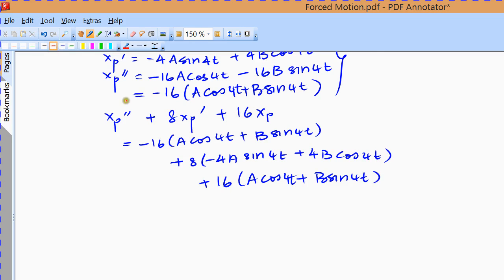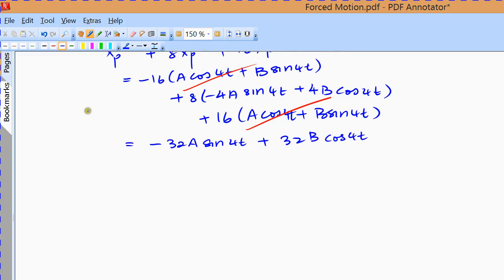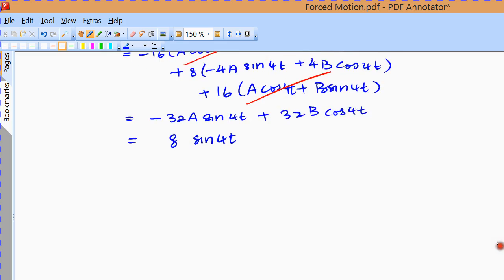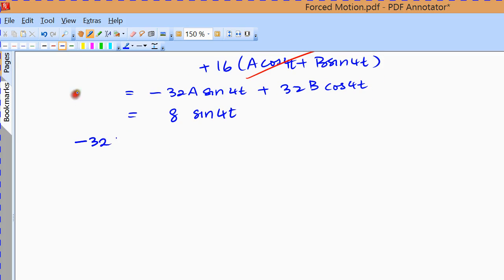And you see straight away that these two terms cancel out each other, and we get minus 32a sin 4t plus 32b cos 4t, and this is equal to the input function 8 sin 4t. And now we compare coefficients, and we get minus 32a equals 8, and so a is equal to minus 1 over 4, b of course is equal to 0, and so xp is equal to minus 1 over 4 cos 4t.